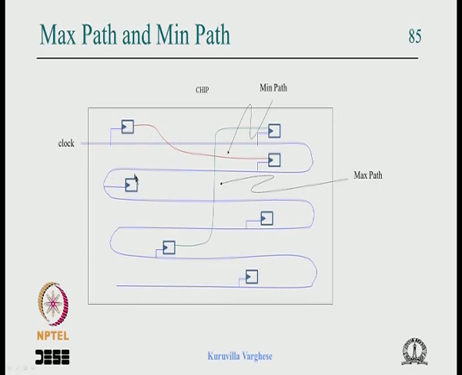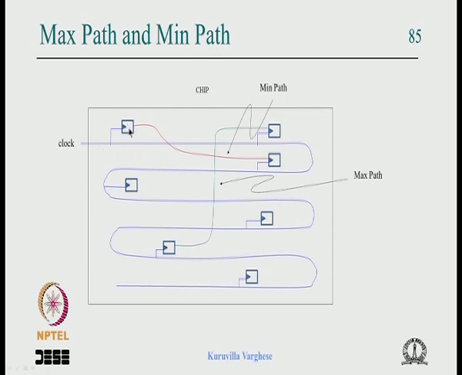Assume that there is a chip and there are flip flops scattered around, and assume, which is not very realistic, that the clock is coming from a pin and going to the flip flops like a chain, which is not a very good strategy, but to highlight the problems I am just putting a fictitious case. You see there are 2 scenarios.